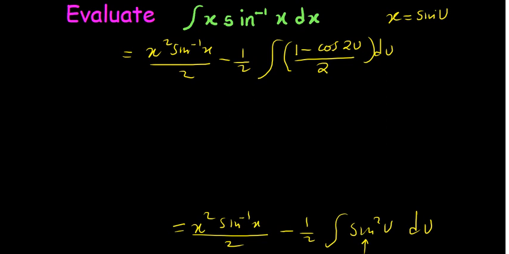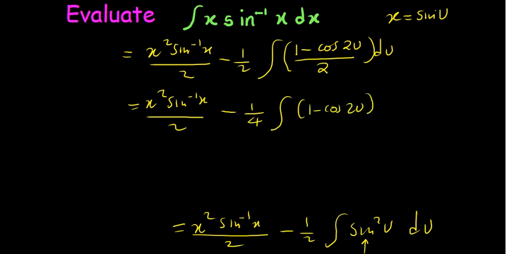At this point I can simply remove a 2 because it's a constant, and so this will be x squared sine inverse of x divided by 2, minus, multiplying this 2 with the other 2, 1 over 4, and then the integral of 1 minus cosine of 2u du.